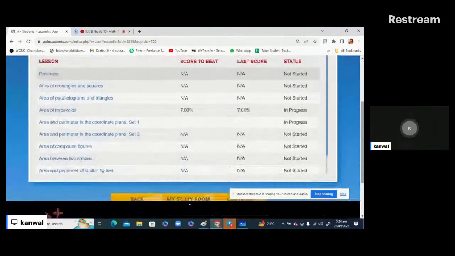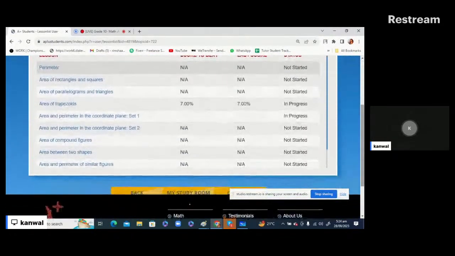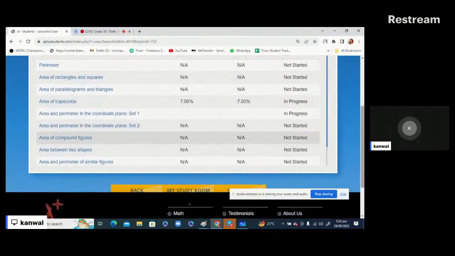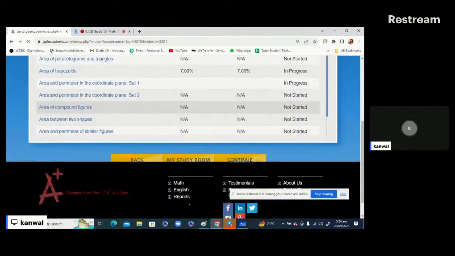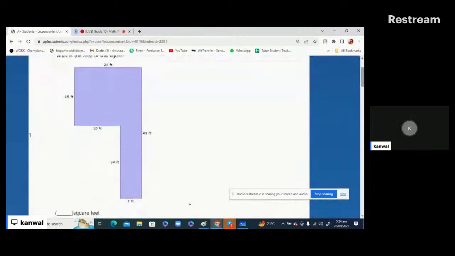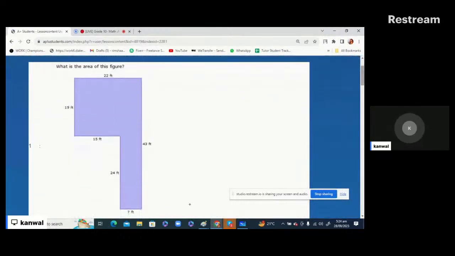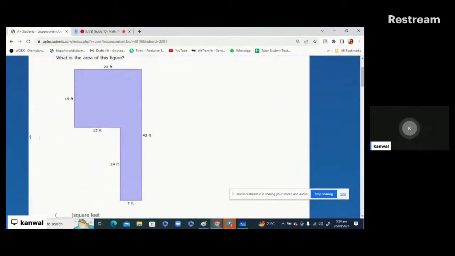So let's take the area of the compound figures, this one. Why are we saying these are compound figures? It means that there are a lot of different heights, bases, and small parts. They are converted into different small parts.